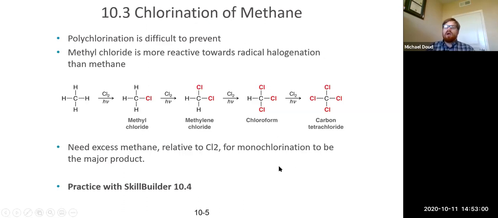So if you want to make sure that you actually get the monochlorinated product, you need to use a high excess of methane compared to the amount of Cl2. Otherwise, you're going to end up with dichloromethane and chloroform as waste products.